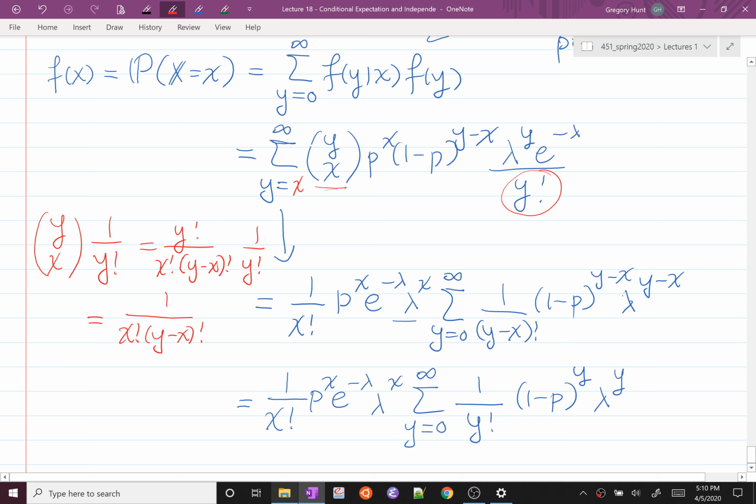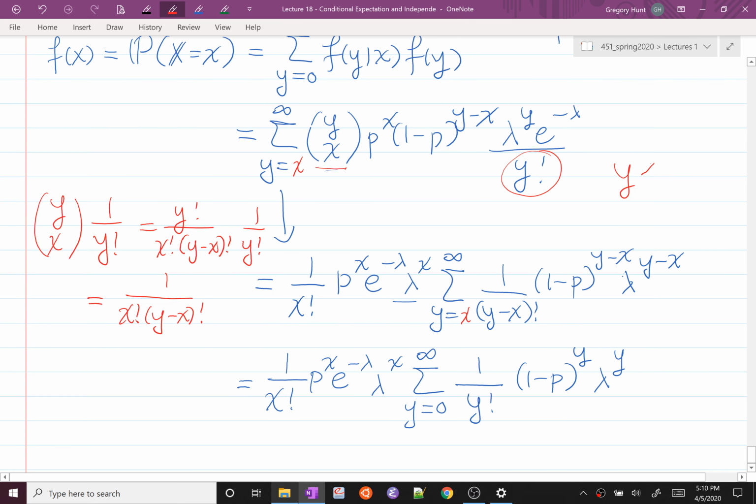Our original sum should start at x because we can't have the situation where y is less than x.